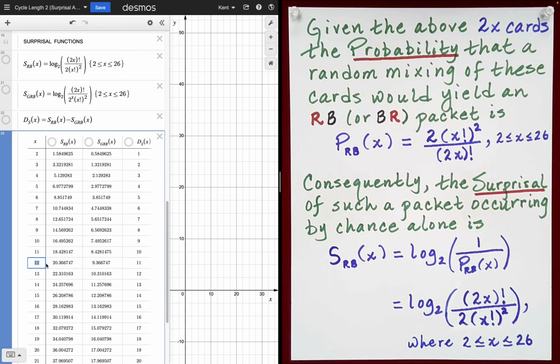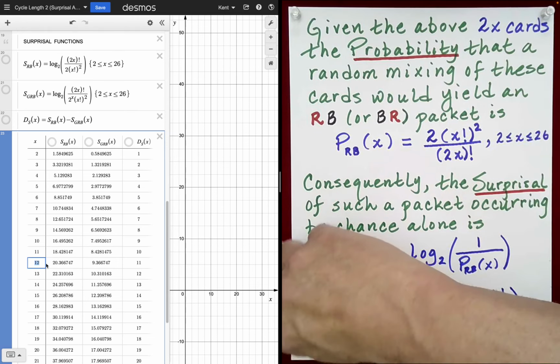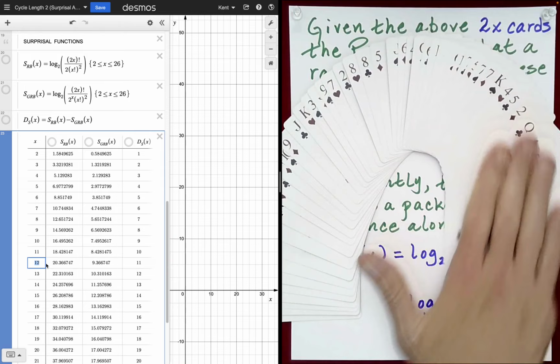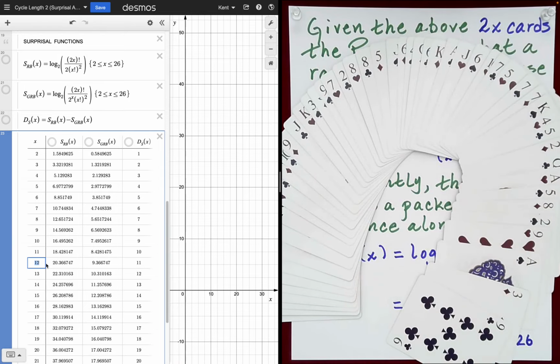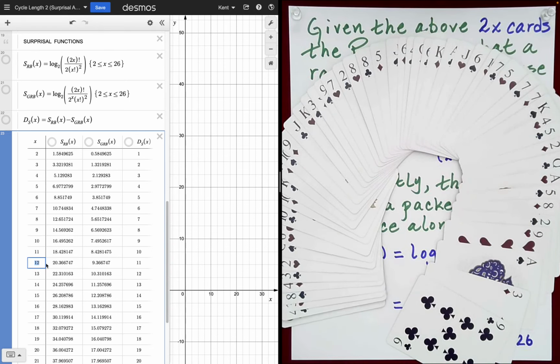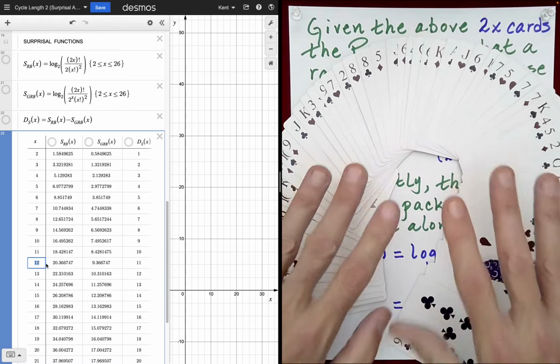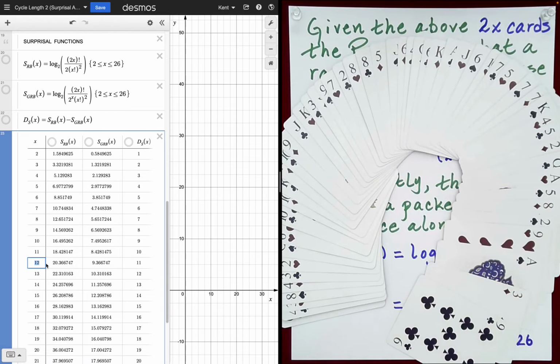So let's go ahead and just demonstrate that. So here I have the entire deck set up as red, black throughout. This is alternating in color, as is. Sorry, you can't quite see it all, but you'll just have to trust that that's the case. These are all alternating in color, okay? So for this to happen by chance alone, by the way, let's go ahead and just look at our Desmos activity here.